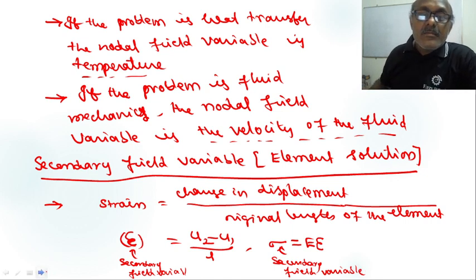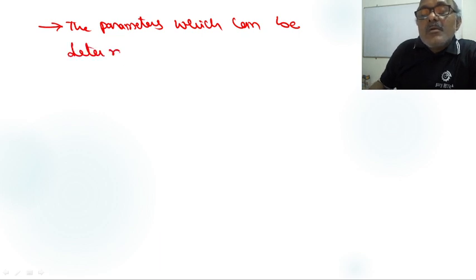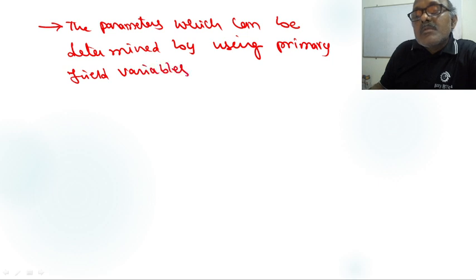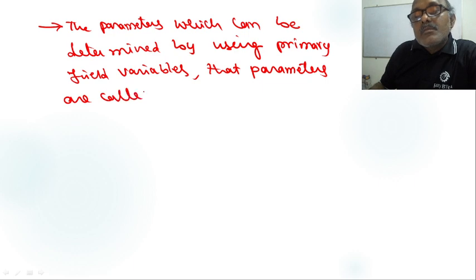So see here, the parameters which can be determined by using primary field variables are called secondary field variables, my dear students.